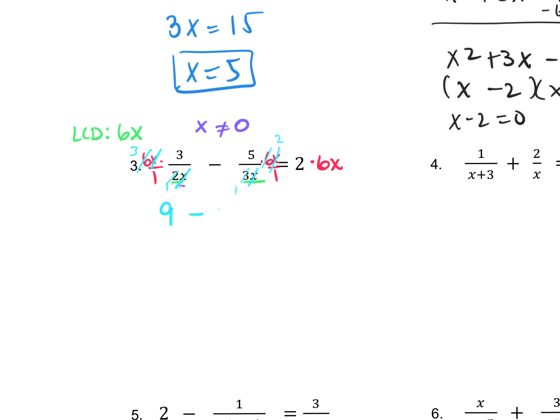Minus 5 times 2 is 10, equals 12x. Now solve for x. So this is negative 1 equals 12x. Negative 1 divided by 12 equals x. Now this is not 0, so therefore this is our solution.